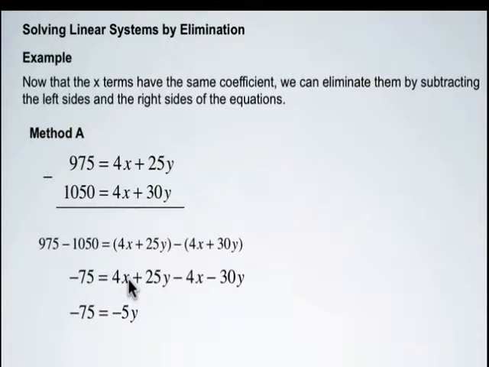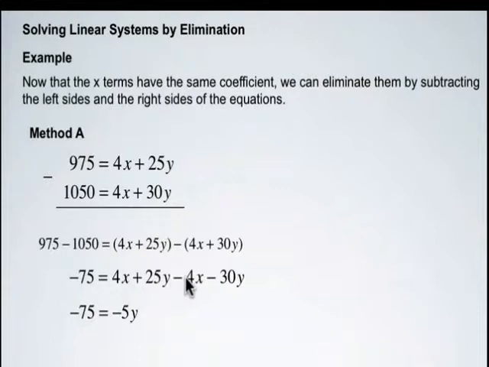And when we simplify this, the reason this is called elimination, I like to point this out at this stage right here. 4x minus 4x is 0. That's the reason we want the coefficients the same, because when we subtract the two terms with the same coefficient, we end up with 0.